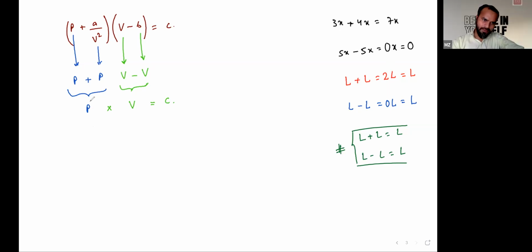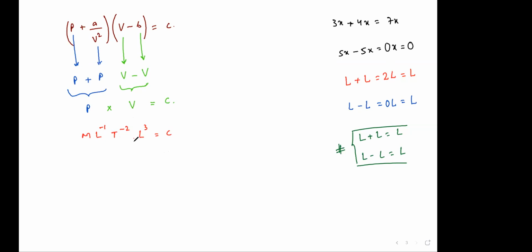Just see, Aisha. We have P, which is pressure. So the dimension formula is ML^-1 T^-2. For volume, the dimension formula is L^3. Here we have L^-1 and here we have L^3.